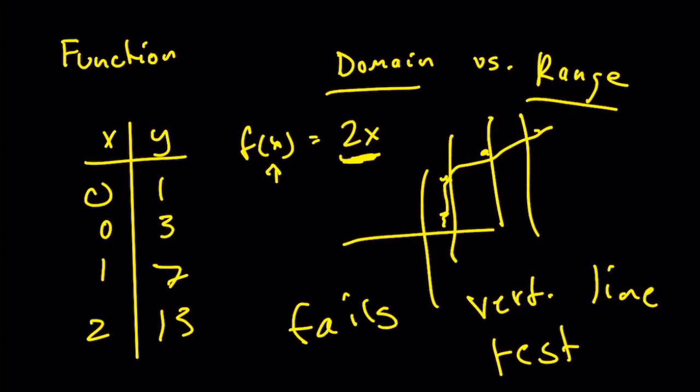If you plugged in, say your input was 0 at one time, your output would have been 0. So that's what a function is essentially: you're plugging something into an equation and you're getting an output, but those outputs conform to the rules of a function that I discussed in this video.